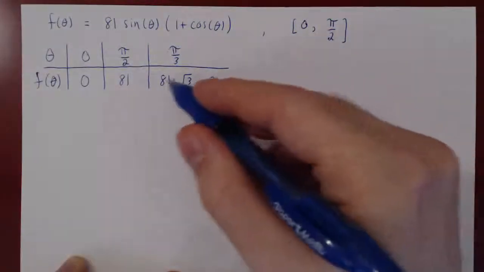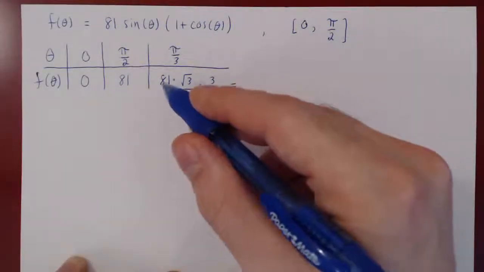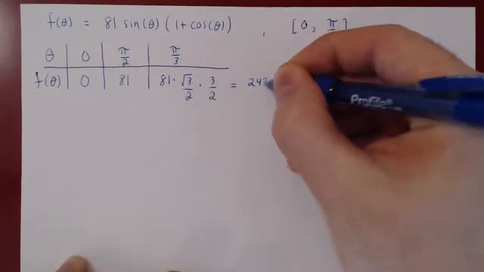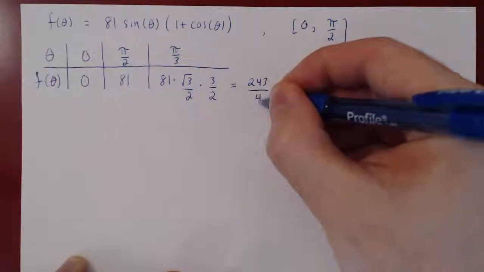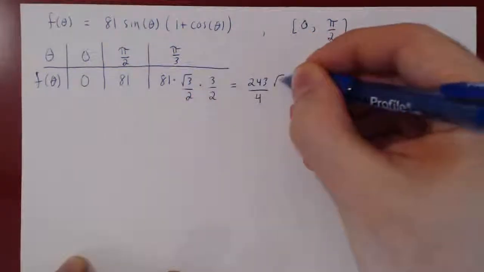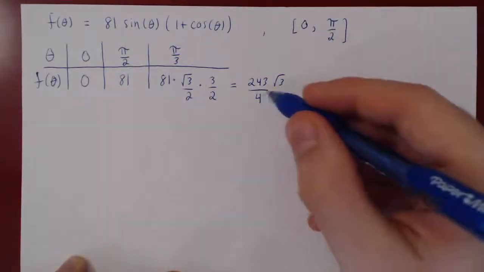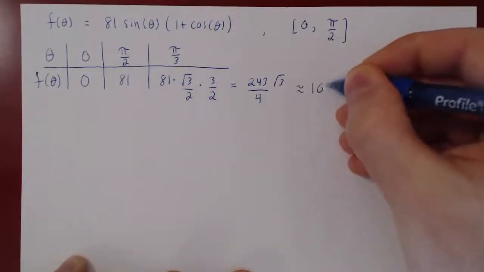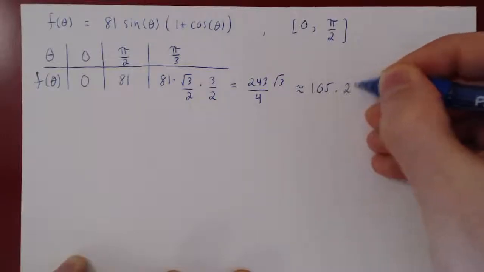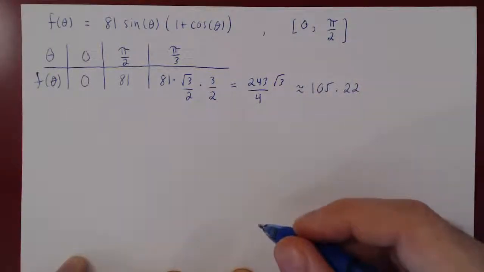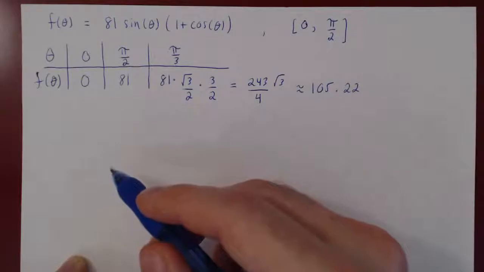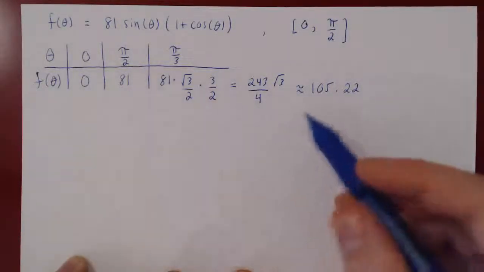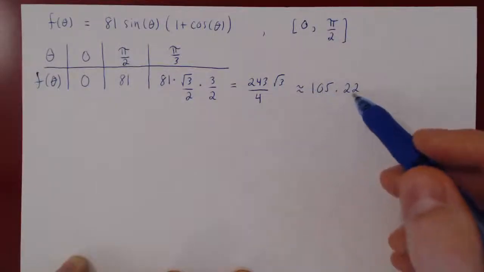And this, if you do 3 times 81, 3 times 80 is 240, plus 3 times 1, 3, so it's 243. Divided by 2 times 2, 4, times the root of 3. And then with your calculator, if you compute this, you will find an approximate value of 105.22. And now we have our three possible values for our maximum value. 0, 81, roughly 105.22.